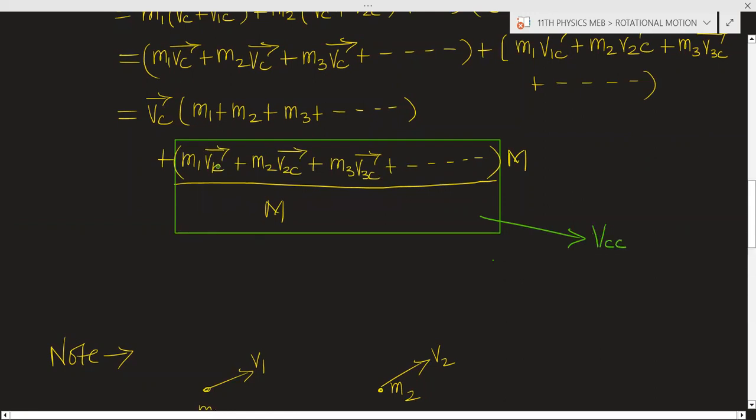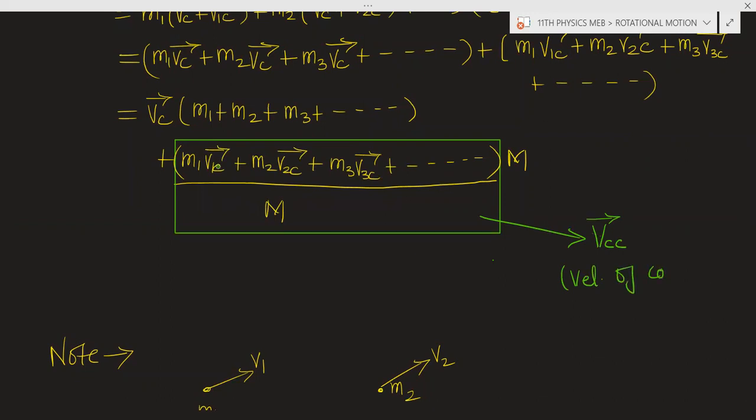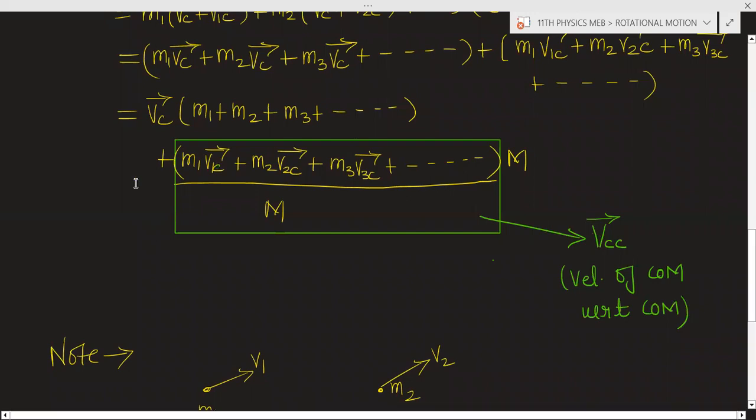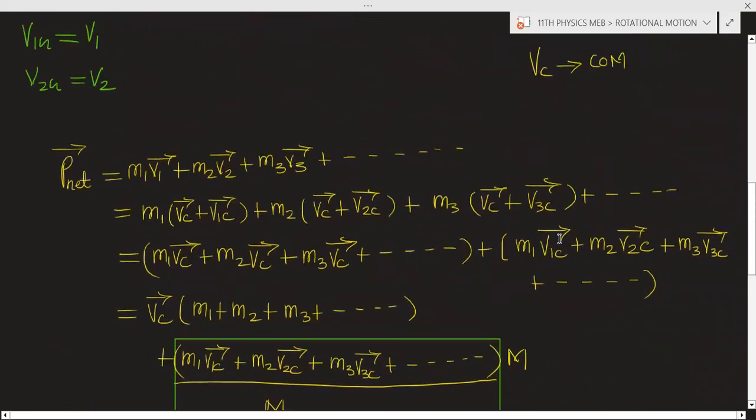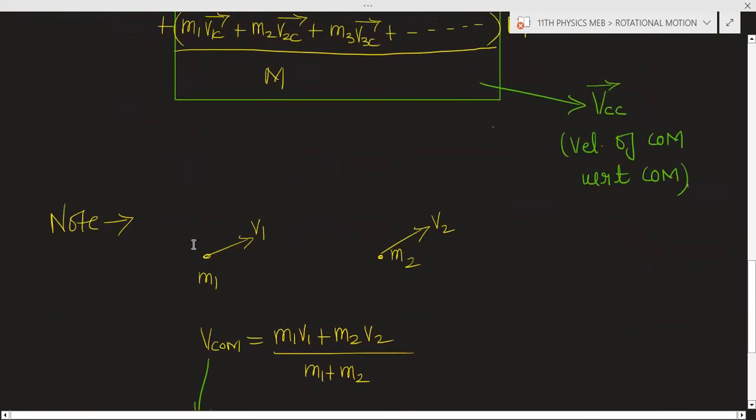And the velocity of something with respect to itself is always zero. If mass m1 is moving with velocity v1, the velocity of mass m1 with respect to mass m1 will always be zero.